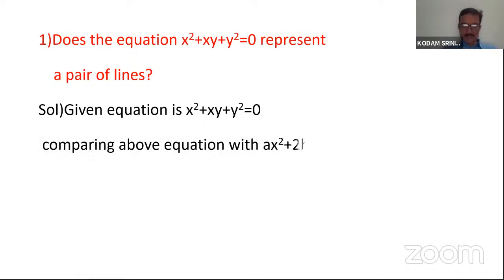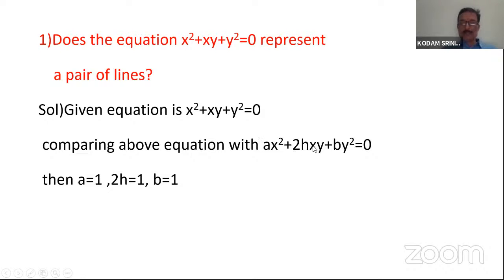Here we have to compare it with the equation ax square plus 2hxy plus by square equal to 0. Therefore a equals 1, 2h equals 1, and b equals 1.